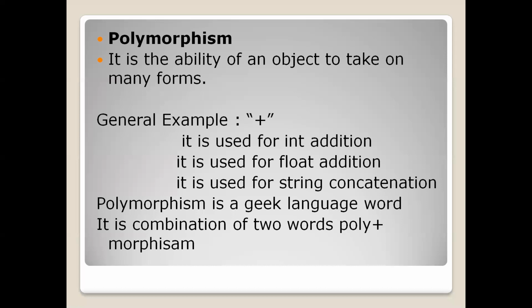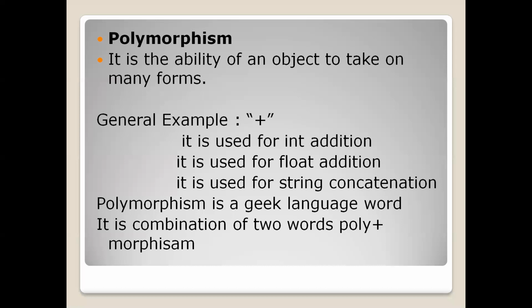That means previously the same plus symbol is used for integer addition, the same plus symbol is used for floating point addition, and the same plus symbol is used for string concatenation. That means plus is having more than one form.